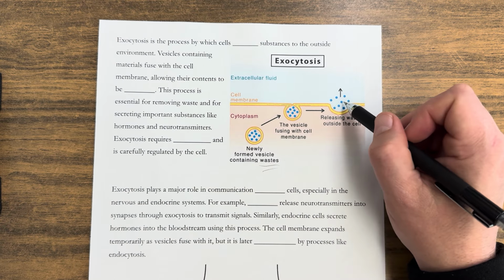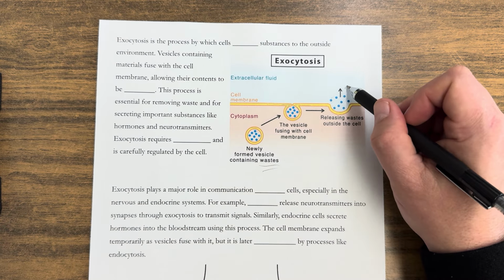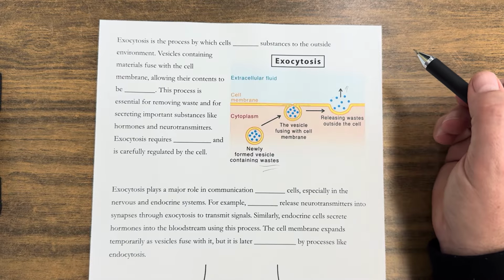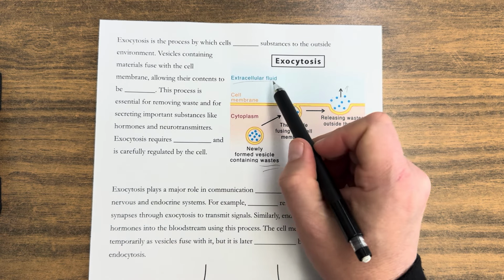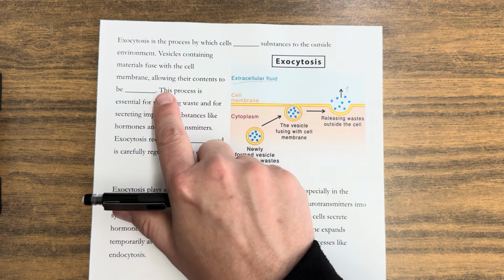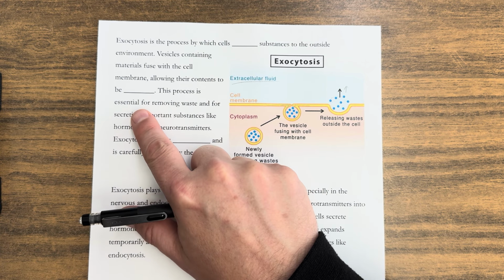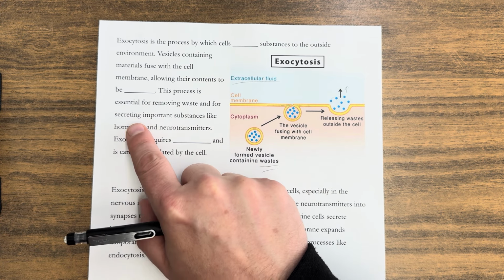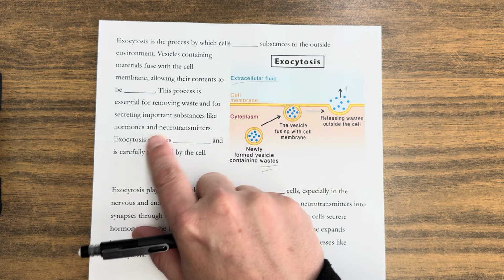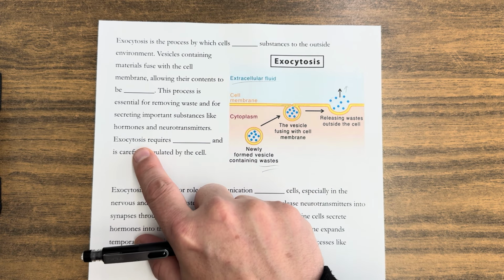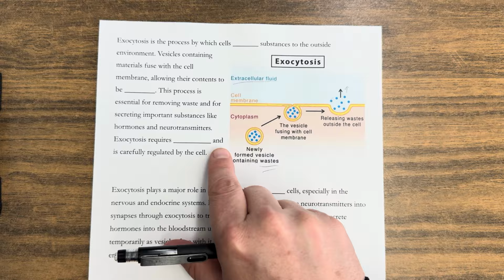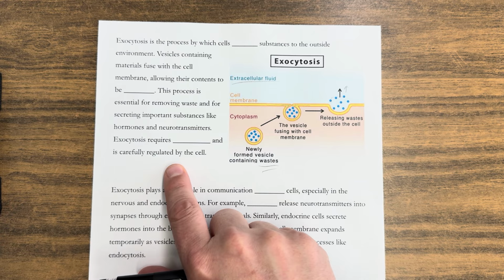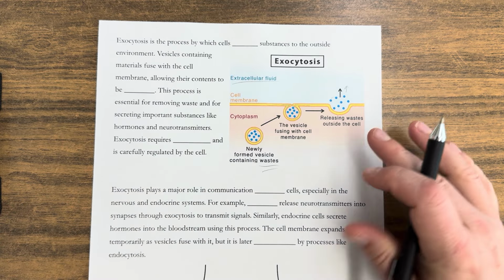And then the waste in this particular case can just be released out into the extracellular fluid, the outside of the cell. This process is essential for removing waste and for secreting important substances like hormones and neurotransmitters. Exocytosis requires energy, like all the other ones, and is carefully regulated by the cell.